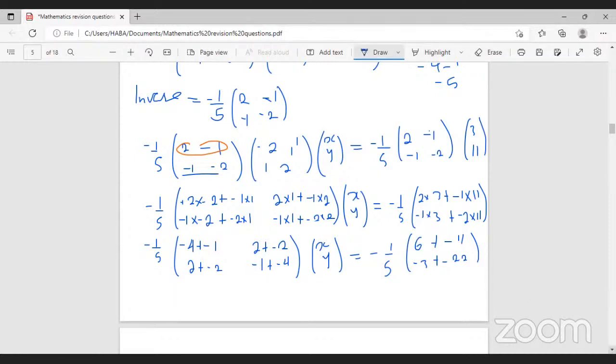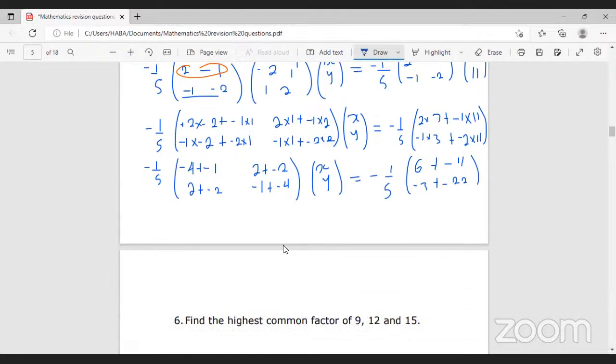Okay. -1 out of 5. -4 plus -1 is -5. 2 minus 2 is 0. 2 minus 2 again, 0. -5.